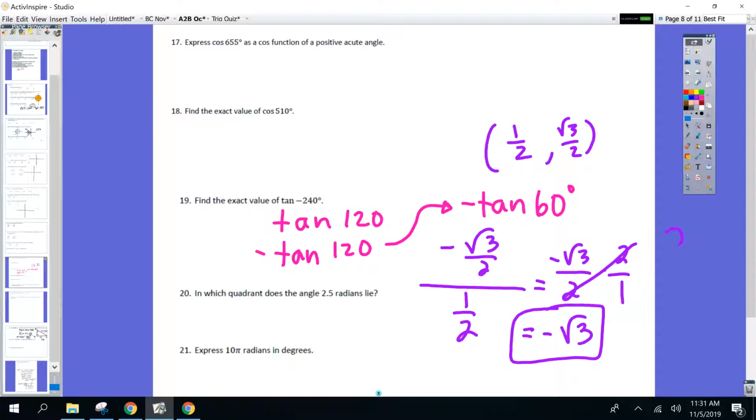Before I forget, over the summer I added questions 30 through 34, or 35, it looks like. Wow, I forgot about that. So page 48 and 49. Because I added these over the summer, I didn't add the answers to the answer key, so I want to give you the answers right now.